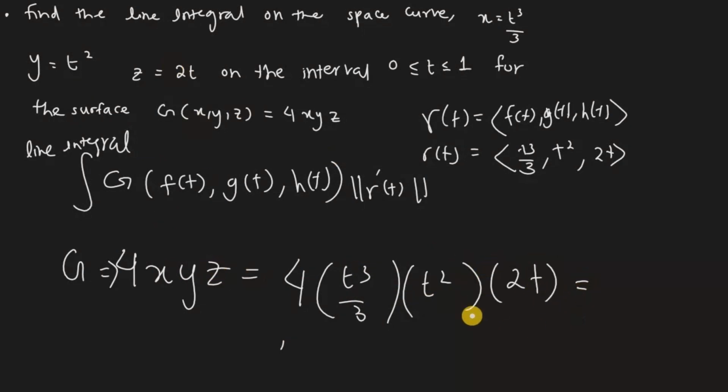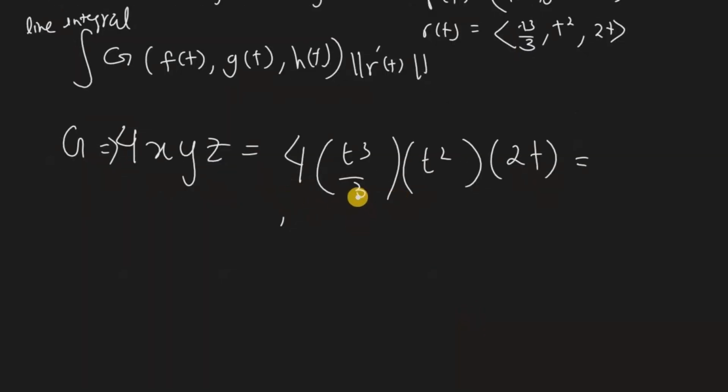Now multiplying everything together gives us 8 over 3, and then you know we add the exponents when we multiply, so that's 3 plus 2 plus 1, t to the 6. So this is our g, when we plug f, g, and h inside this function.